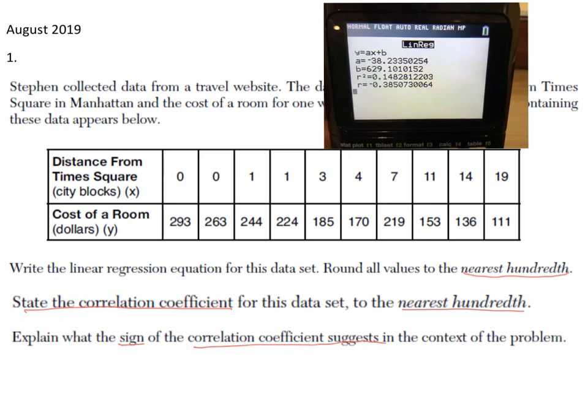And then on this side we'll have 293, 263, 244, 224, 185, 170, 219, 153, 136, and 111. Then we'll go back to stat, calculate, linear regression, back to calculate, and we'll get our equation.